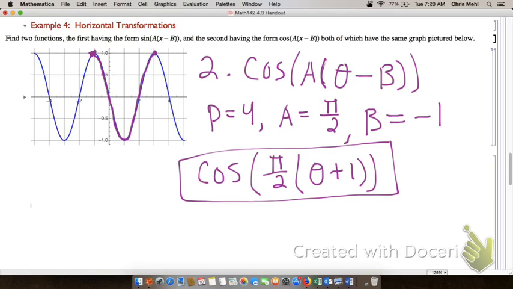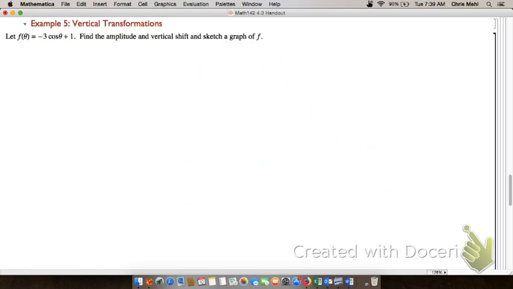Okay, so now before we combine horizontal and vertical transformations, let's just do an example or two just focusing on the vertical transformations. Okay, so vertical transformations, example 5. We're going to find the amplitude, the vertical shift, and then sketch a graph of f.